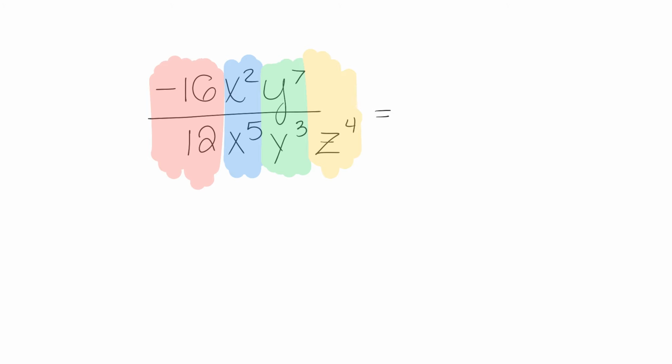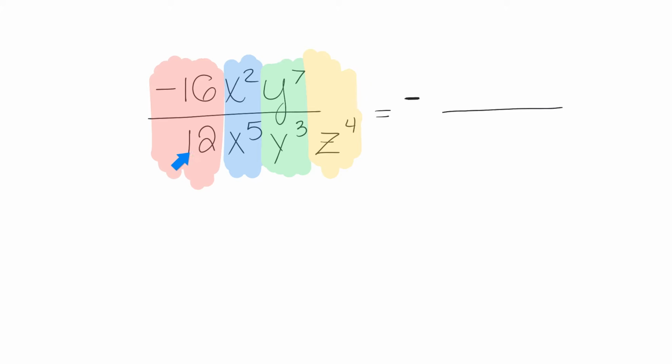Okay, let's start with negative 16 and 12. First of all, when you have a negative, it doesn't really go away. It's not on the top, it's not on the bottom, it's the entire fraction that's there. So it doesn't really matter where you draw it. All right, 16 and 12, they both divide by 2.